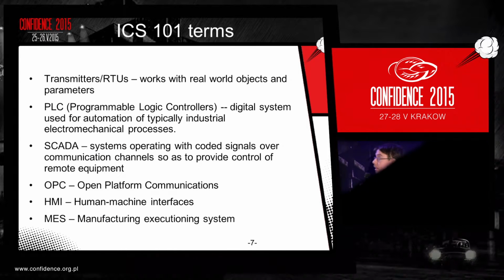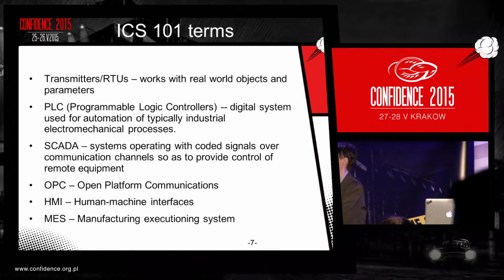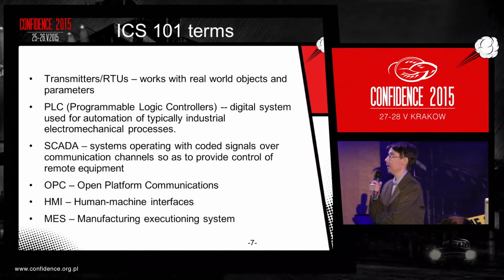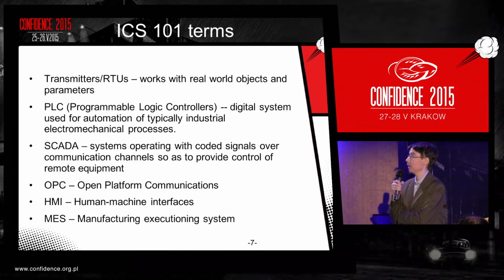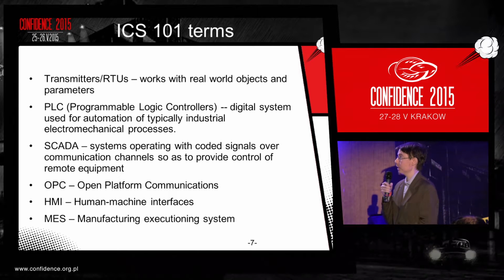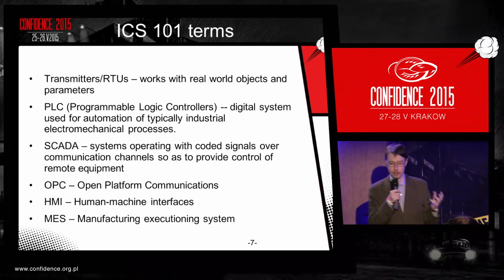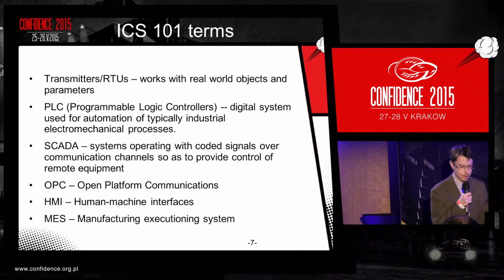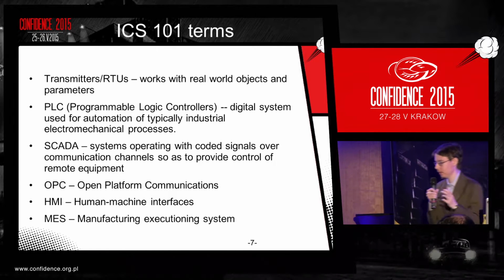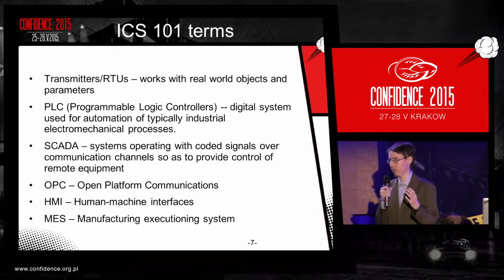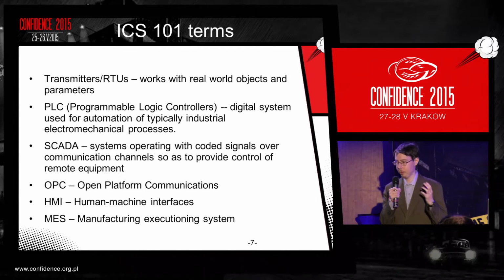Here are some basic ICS terms. We already discussed transmitters. Now it's time to give an introduction to other terms. PLCs, programmable logic controllers, are digital systems used for automation of typically industrial electromechanical processes. In fact, PLCs are special devices with an embedded computer inside.